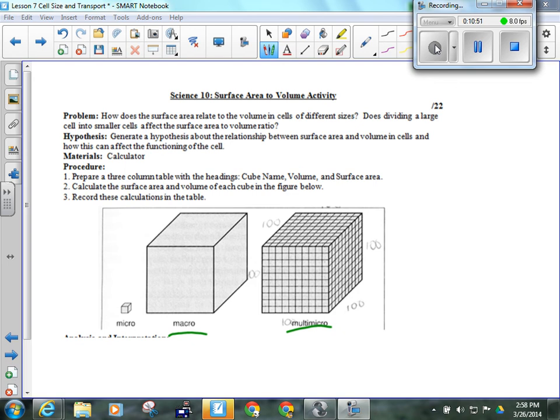All right, so the hypothesis we need to generate here is a hypothesis about the relationship between surface area and volume in cells and how this can affect the functioning of the cell. So in the if part, tell me as the cell gets bigger, the and part, we're simply comparing some hypothetical organisms here.